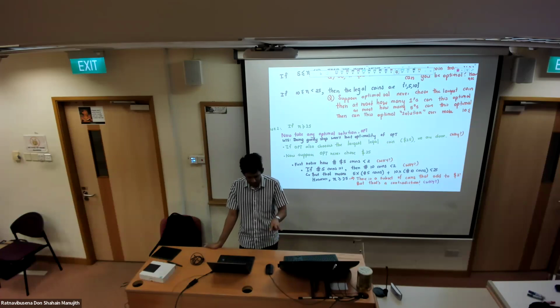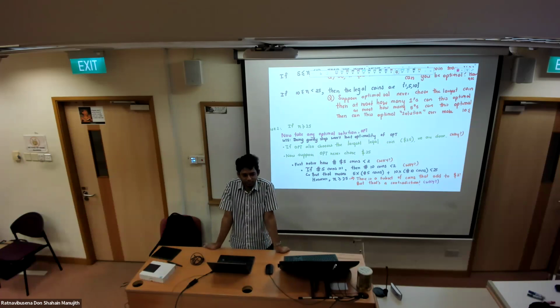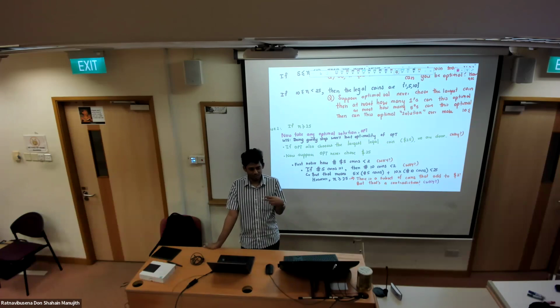Yes. How? 25 and 5. Yeah, so that's 2 coins, right? So can opt be optimal? No, right? Okay.